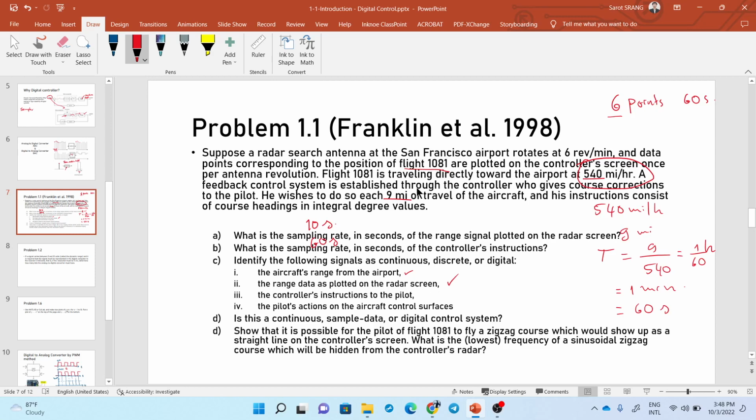What's the difference between discrete and digital? Digital here means just binary, because discrete actually is in some sense also digital, right?